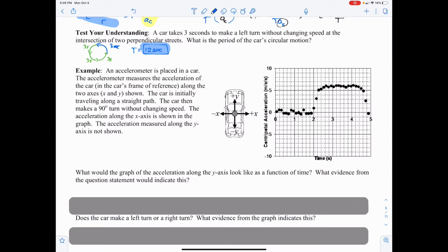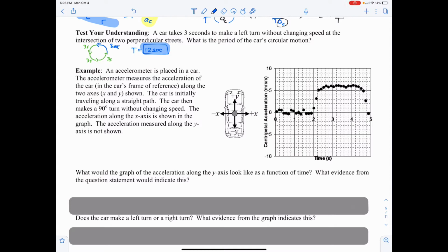The car is initially traveling along a straight path. The car then makes a 90-degree turn without changing speed. The acceleration along the x-axis is shown in the graph. The acceleration measured along the y-axis is not shown. So the acceleration that's shown is only the x-direction acceleration.